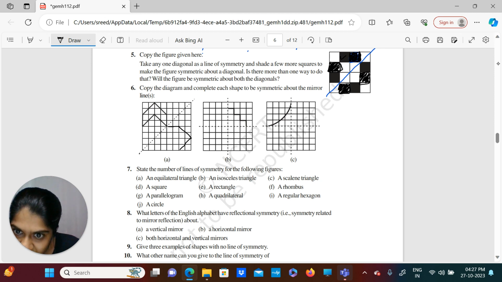Okay. Then how can I draw the next part? You can draw like this.